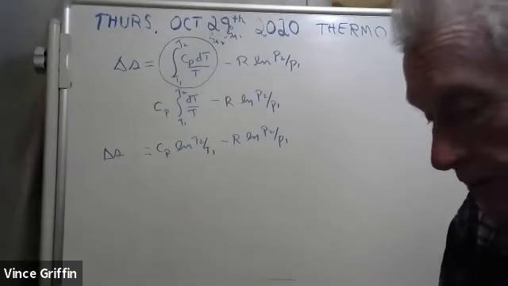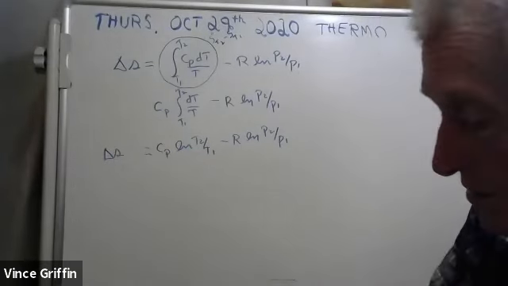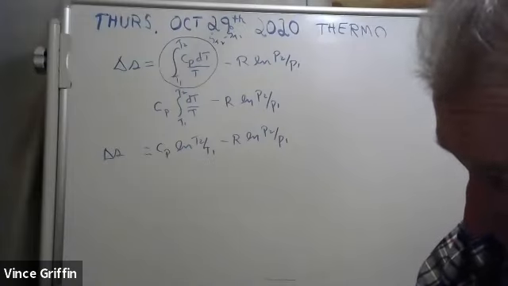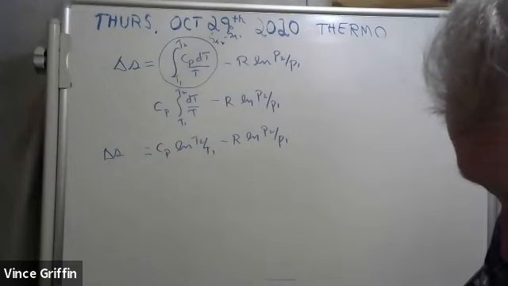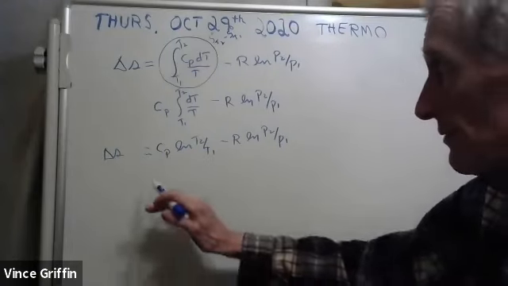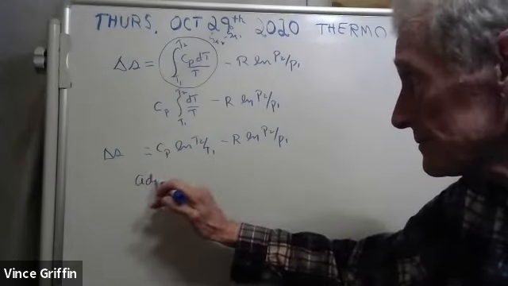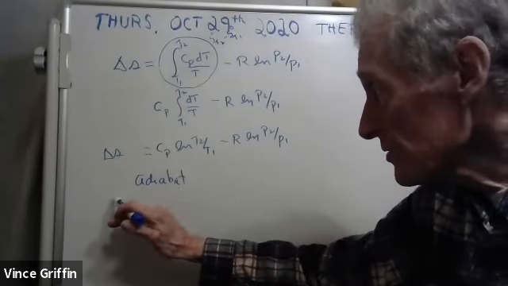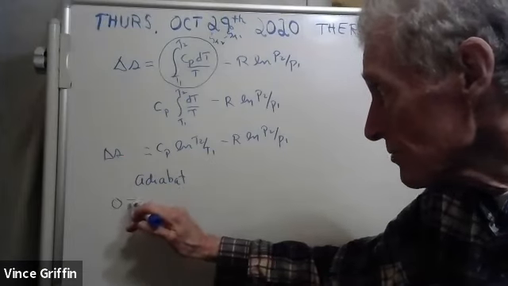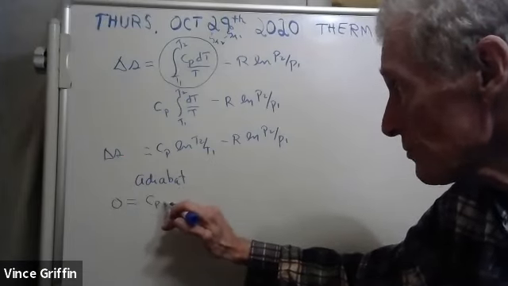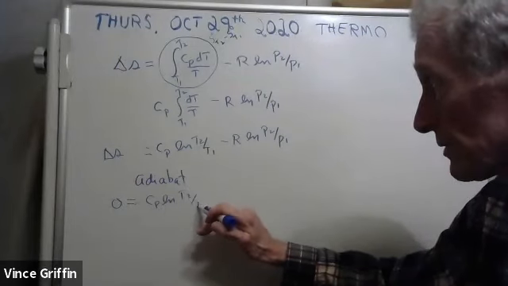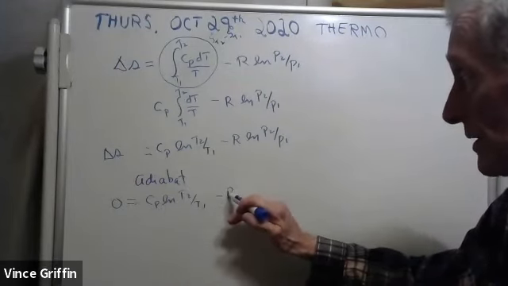Now I'm going to talk to you about the second law of thermodynamics, and hopefully I can show you why, if you have an adiabat, this delta S is 0. So you get 0 equals C sub P natural log. I haven't shown you that yet, but we're fixing to.